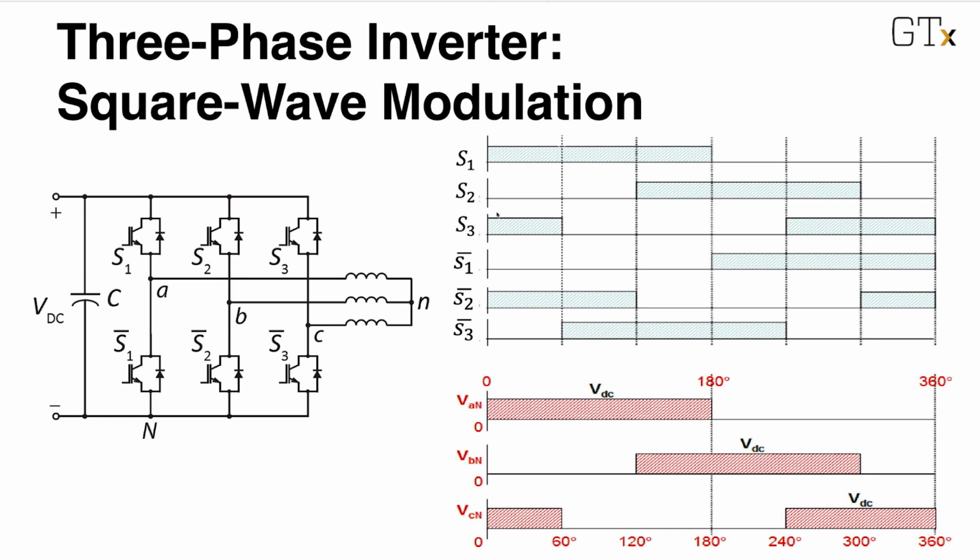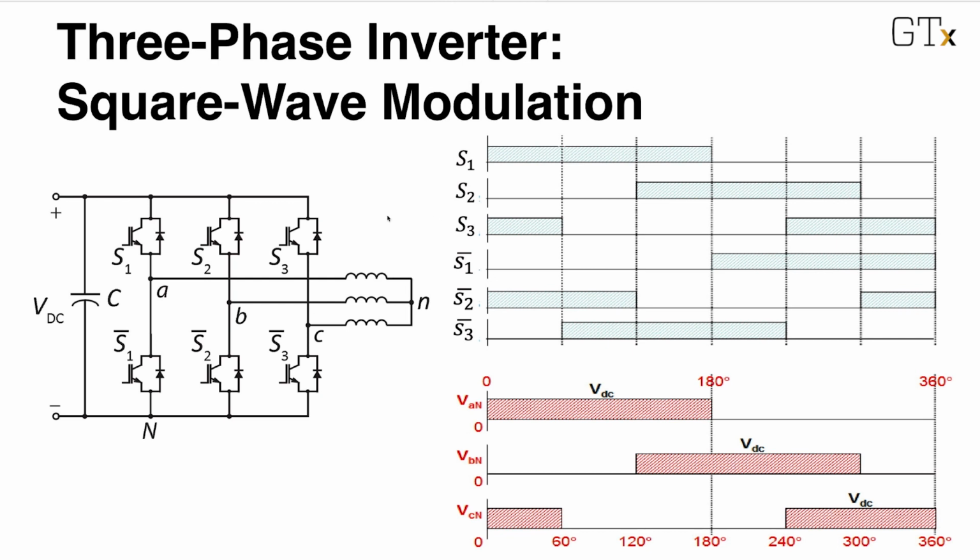We do the same for switch S3. We introduce another 120-degree phase shift with respect to the gating pulse S2. And in this way, if you look at the three-phase system, they are displaced like a three-phase balanced system in terms of phase angle. And of course, the gating pulses for switches S2 bar and S3 bar are generated in a complementary manner with respect to the gating pulses of S2 and S3.